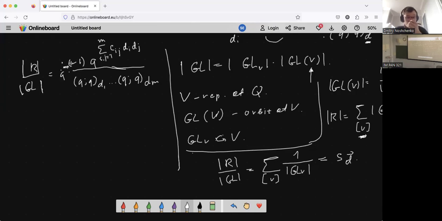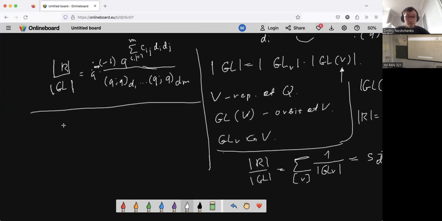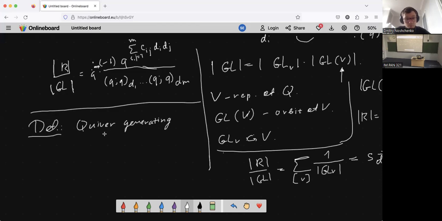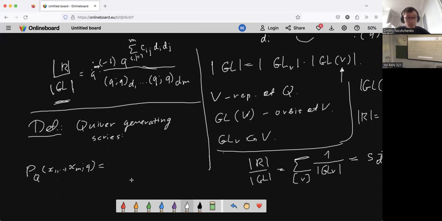But eventually we want to get rid of all the rest, and we want to write the generating series that we wish to study. So now basically the main definition, for a quiver generating series, which we denote by the letter P. It depends on some number of generating parameters x_1 up to x_m, also q, and now we insert this expression that we have here.